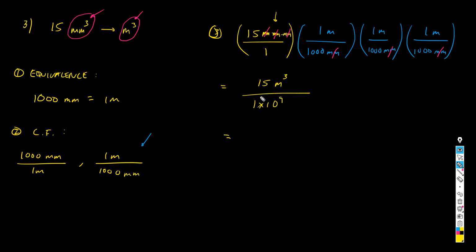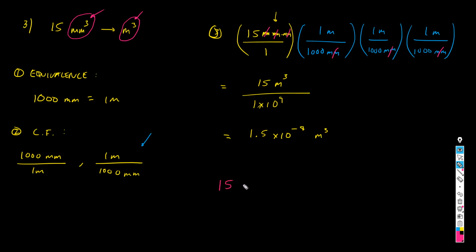We just divide 15 over this number. Let's do it in the calculator with a lot of care because it's very easy to make mistakes. And you will get 1.5 times 10 to the minus 8 meters to the cube. So what is our conclusion?